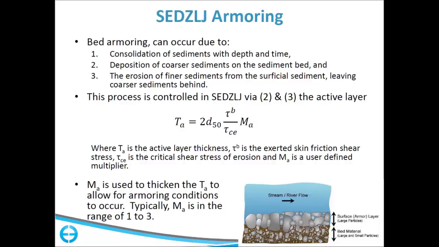And that effectively reduces your erosion rate for the same applied shear stress. There's some capability in the original model to handle consolidation with time. But right now the SEDZLJ version doesn't have consolidation explicitly treated.